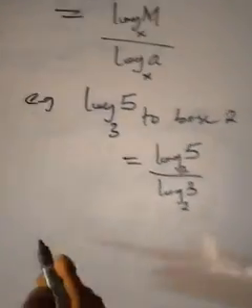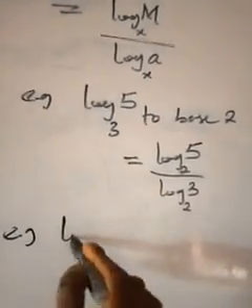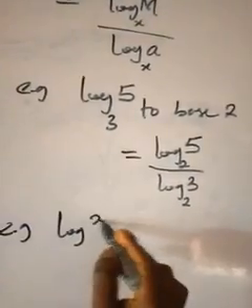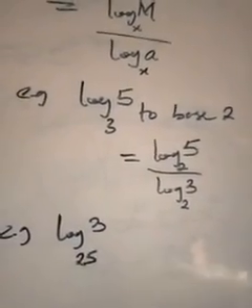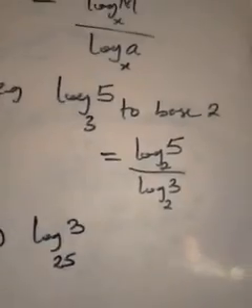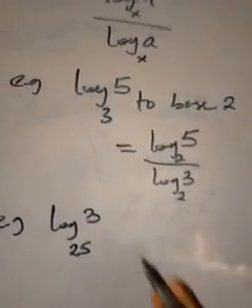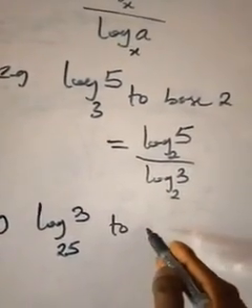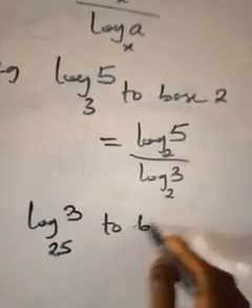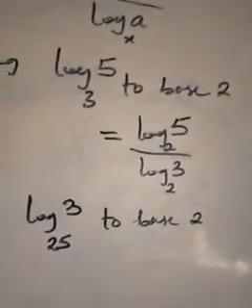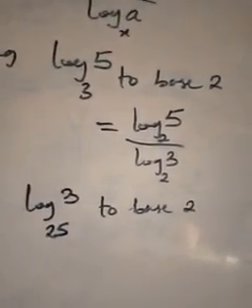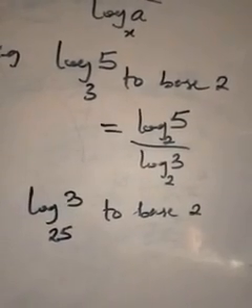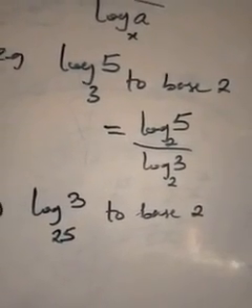Now let's look at this one. Maybe we have log 3 base 25 and we want to convert it to base 2. This is what we do. If you look at this now, we can equally change it to base 2.